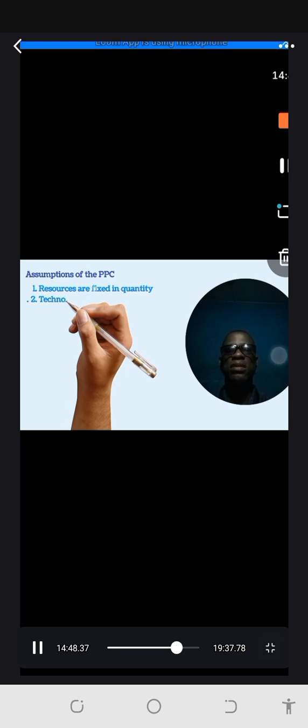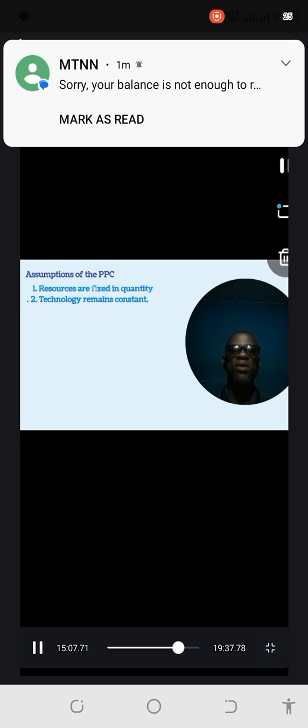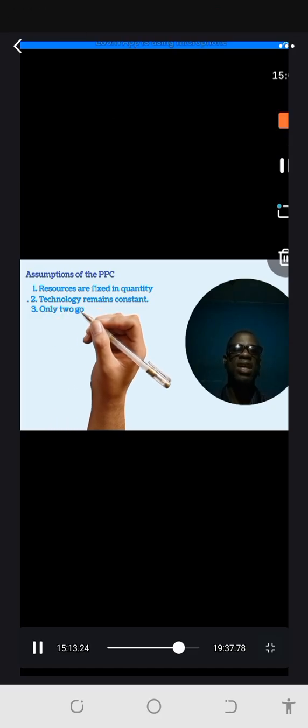Now, let us take it one after the other. The first assumption: resources are fixed in quantity. The second assumption: the level of technology is constant. At this point, there is no improvement in technology. Technology remains constant.